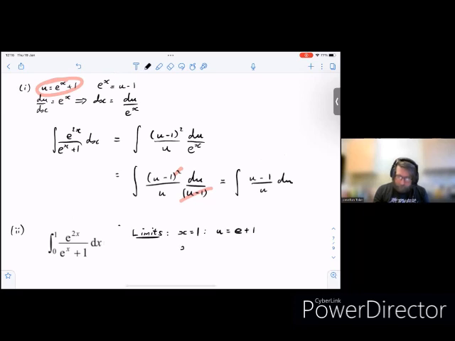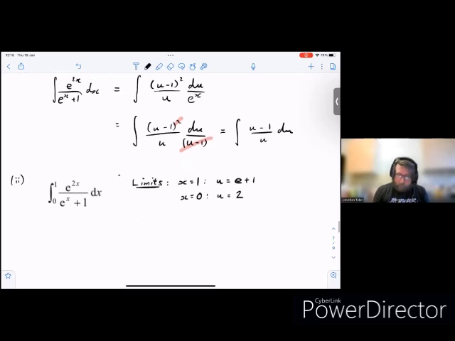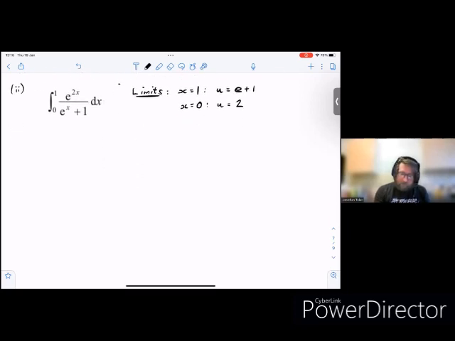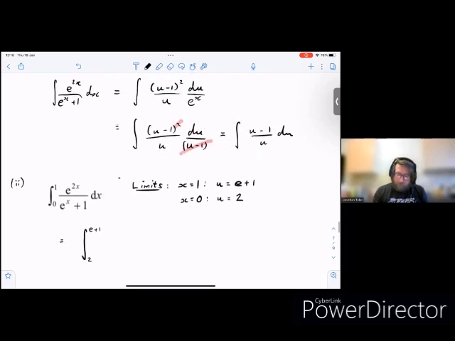And when x equals 0, u equals e to the 0 plus 1. e to 0 is 1, so that becomes 2. So we get a weird limit now. So this becomes the integral from 2 to e plus 1 of, now we've got e to the 2x over e to the x plus 1.